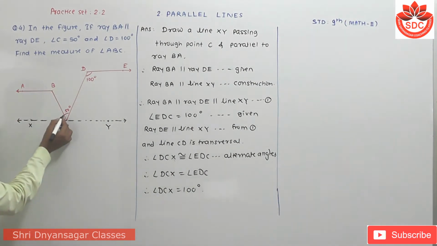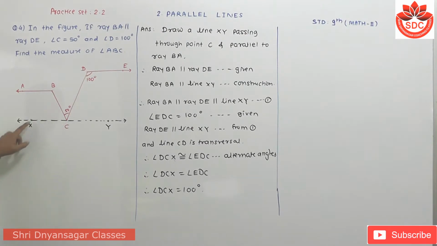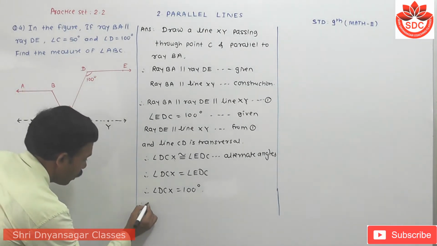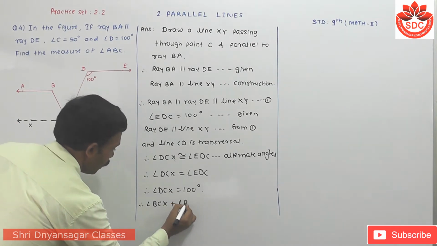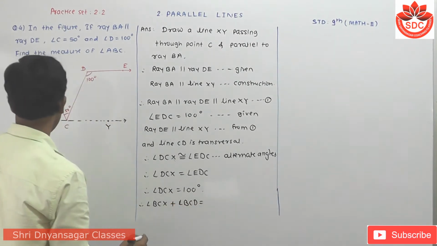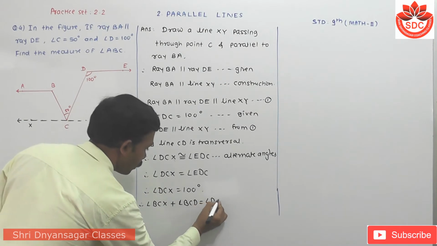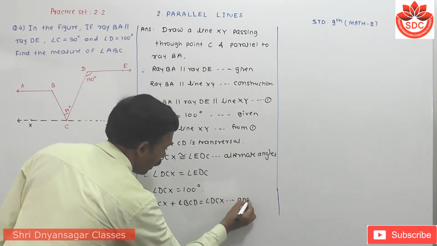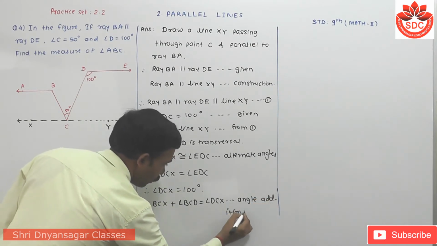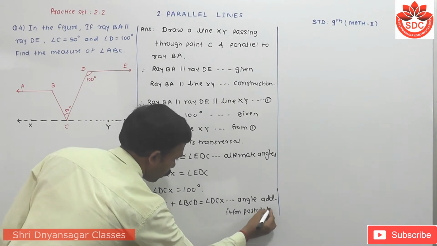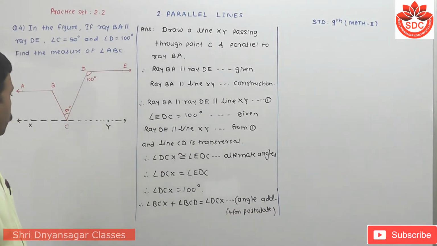Now look here, this total angle becomes 100 degrees. Then we have to find out the angle BCX by using the angle addition postulate. Now, angle BCX plus angle BCD is equal to angle DCX. Substitute this value.